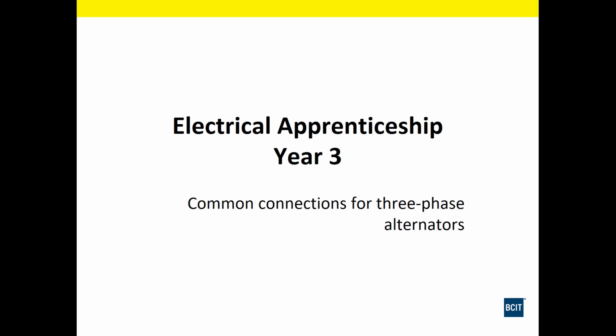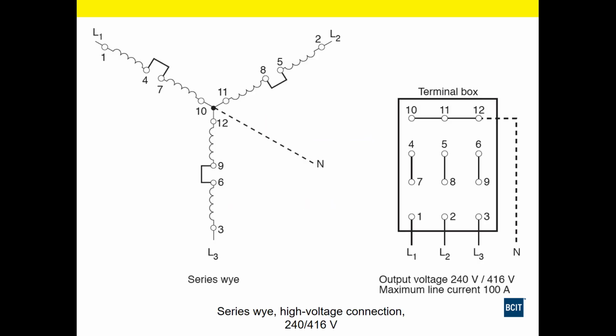Here we have a series Y high voltage connection. When we're running at rated RPM, each of these windings is going to kick out how much voltage? 120 volts each winding. Together they're going to be 240.